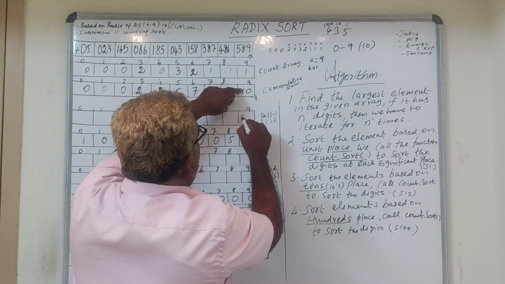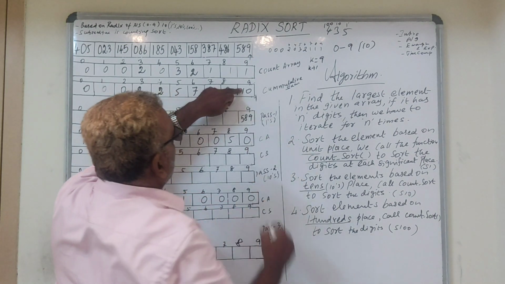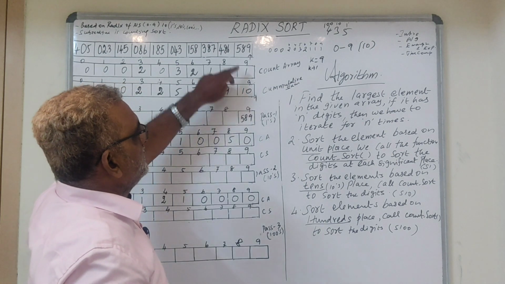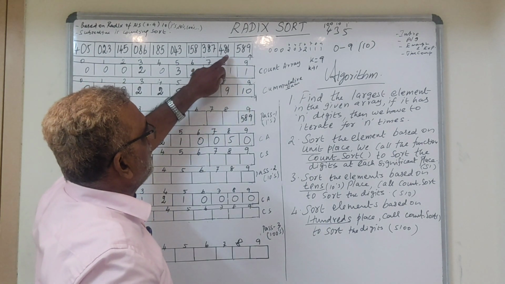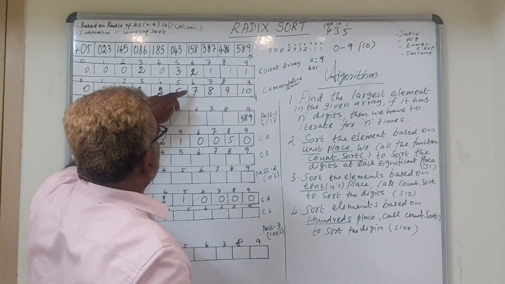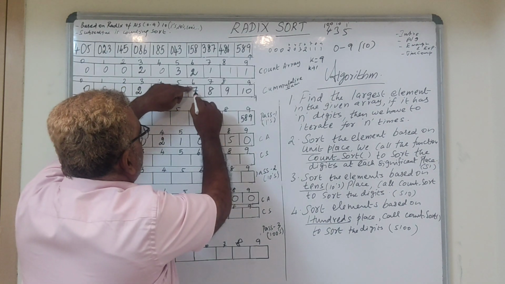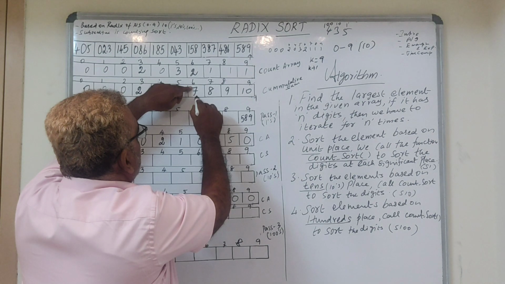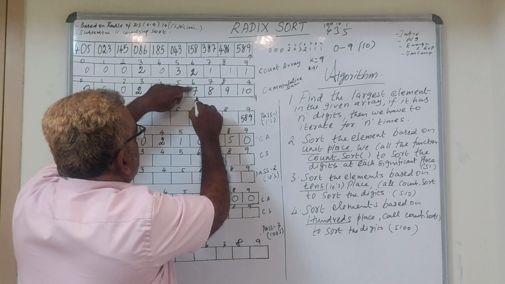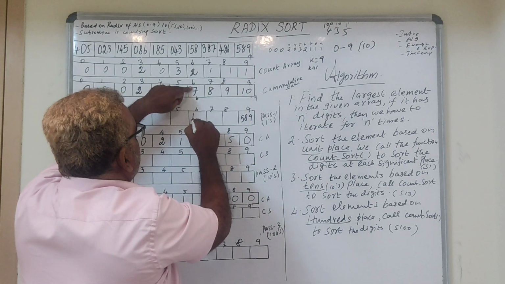That is, 589 should be stored in the 9th location. Similarly, go to the next value, 6. In position 6 we have the value 7, so make it 6, and in location 6 store the value 486.